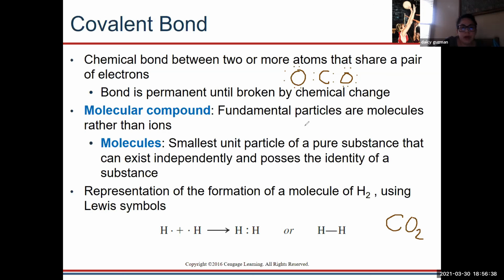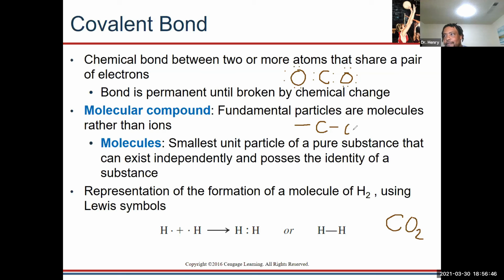You're going to do a bond between the carbon and the oxygens on both sides. So does that work? Wouldn't it be a double bond? Ah, double bond. The carbon can have 8 around. That's right, you need to have 8 around it. Is it a double bond on both sides? Yes. And then 4 lone pairs.